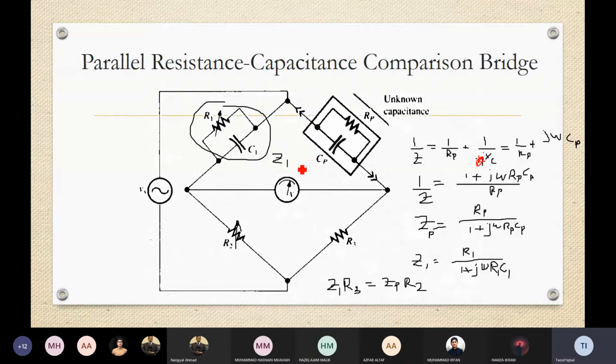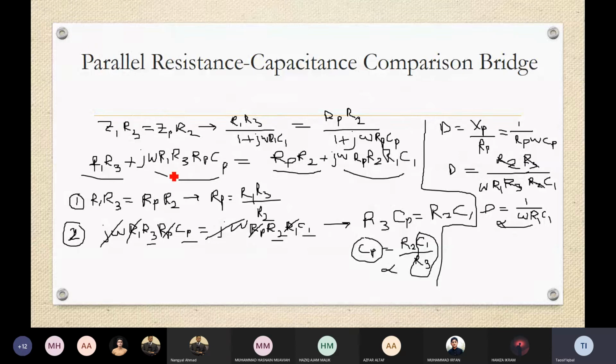And from the ratio, we should have Z1 R3 equal to Zp multiplied by R2. From this ratio again we are going to get the real and imaginary components separately, and then we can find the value of parallel resistance and parallel capacitance.